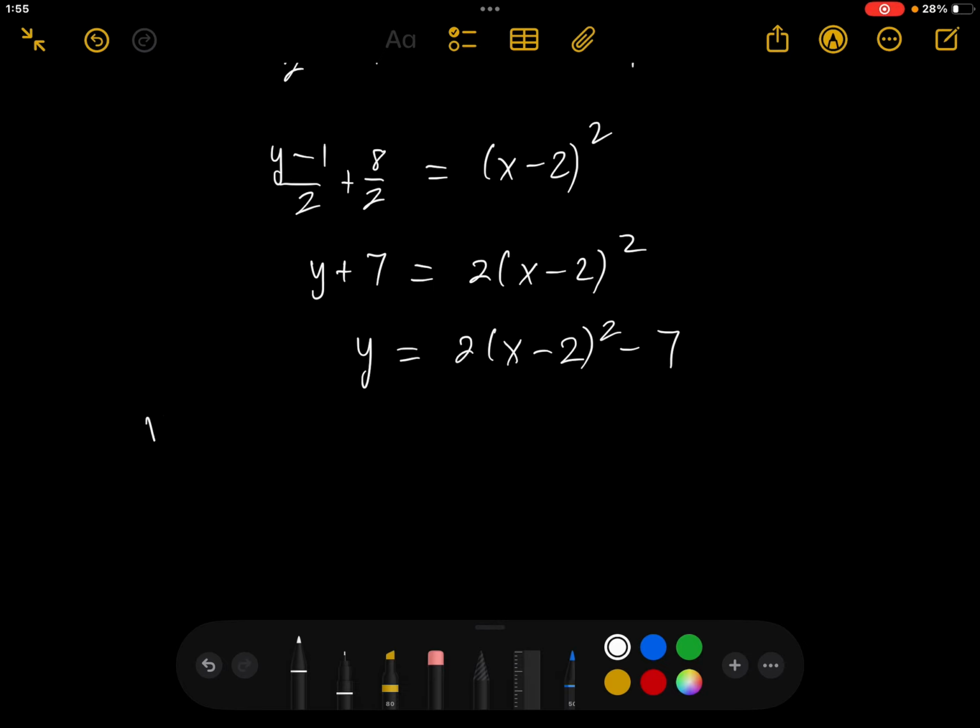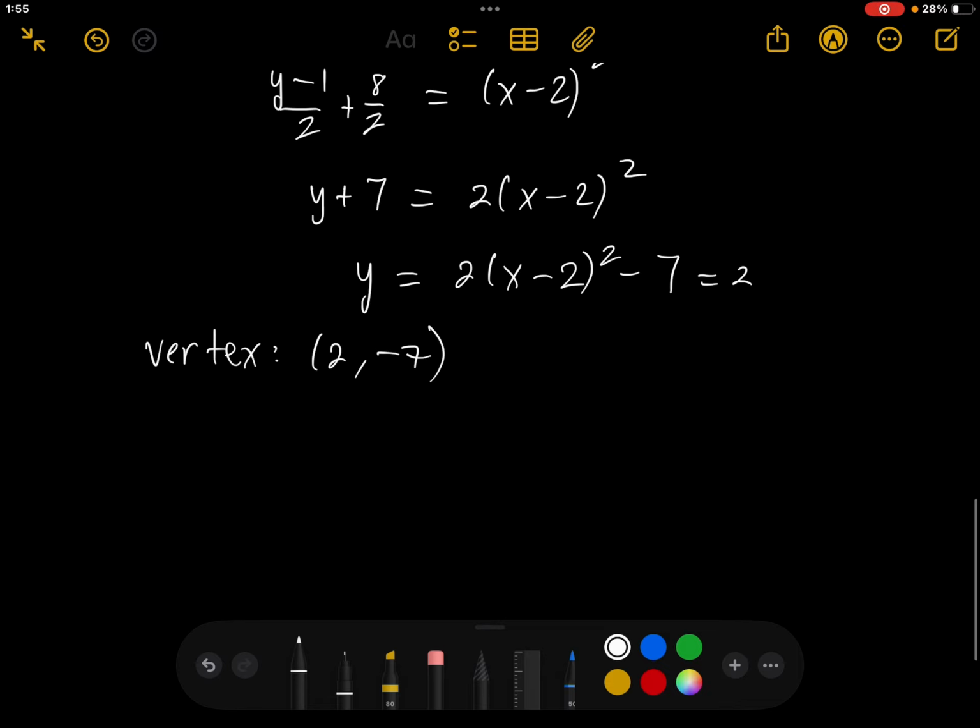So what's my vertex? It's 2 comma negative 7, right? Because this is 2 times x minus 2 squared plus negative 7. So my h is 2 and my k is negative 7.